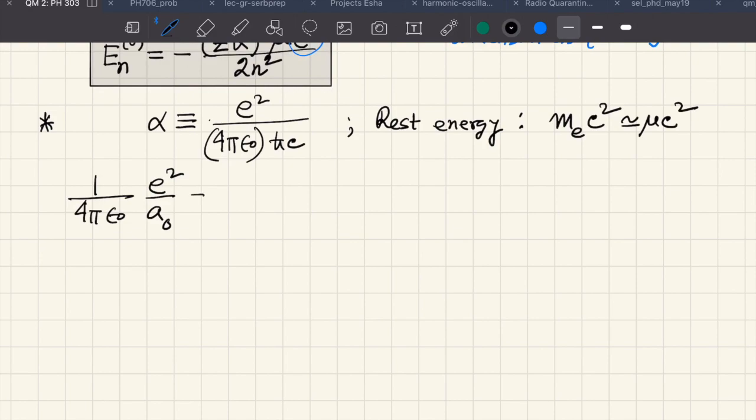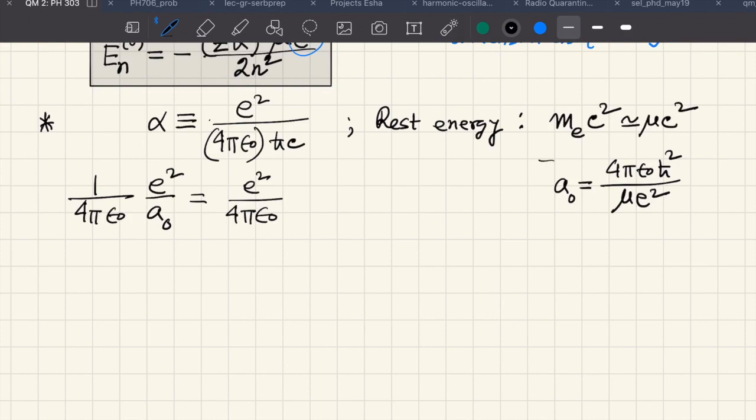I can write this as e square by 4 pi epsilon naught. Let us actually write down what this a naught was: 4 pi epsilon naught h bar square divided by mu times e squared.